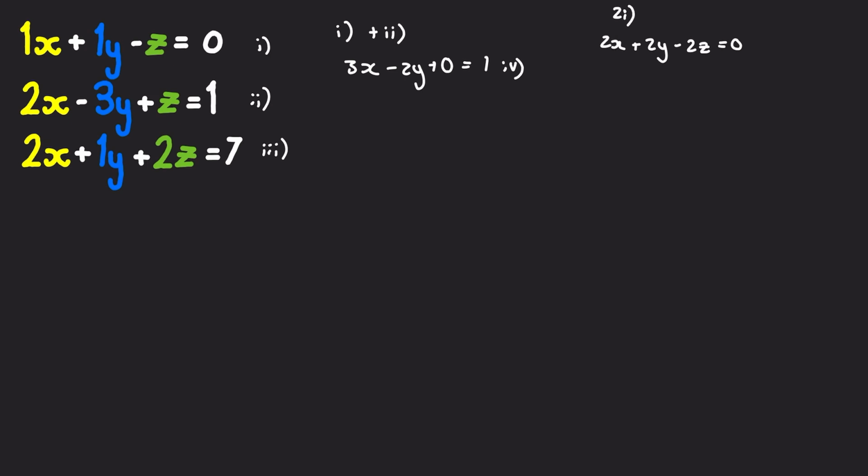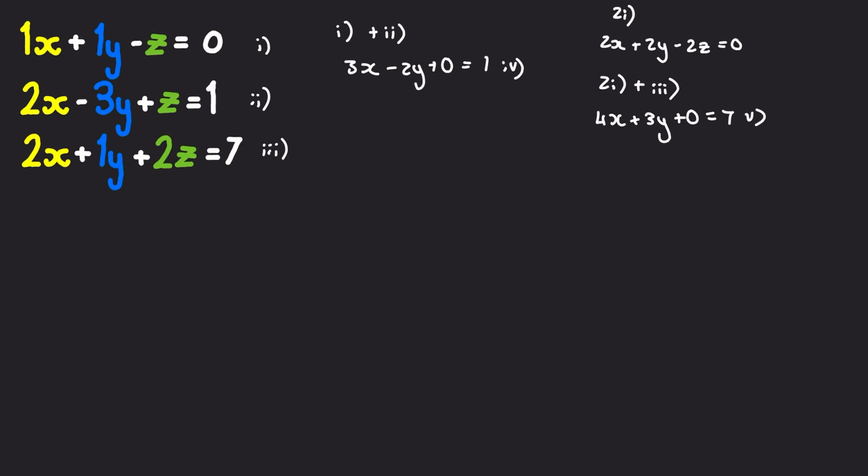So 2 times equation 1 plus equation 3: 2x plus 2x gives me 4x, 2y plus y gives me 3y, minus 2z plus 2z gives 0, and 0 plus 7 is equal to 7. We're going to call this equation 5.